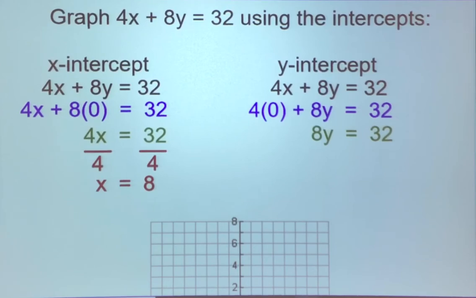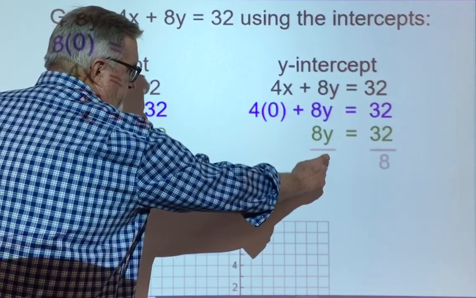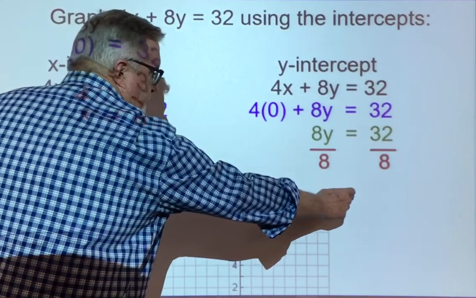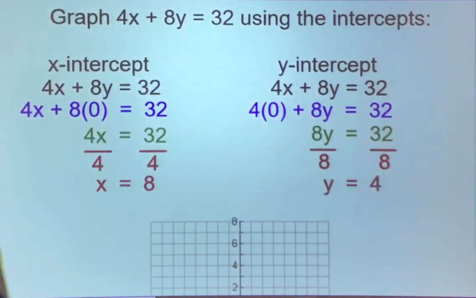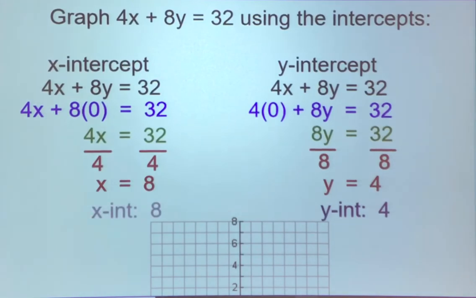They're multiplying it by 8, so we're going to divide both sides by 8, because what happens on one side has to happen on the other side. Well, 8 divided by 8 is 1, and 1 times y is just y, and 32 divided by 8 is 4, so our y-intercept is equal to 4. And I think I have that there on both of those, and I just forgot to touch them.